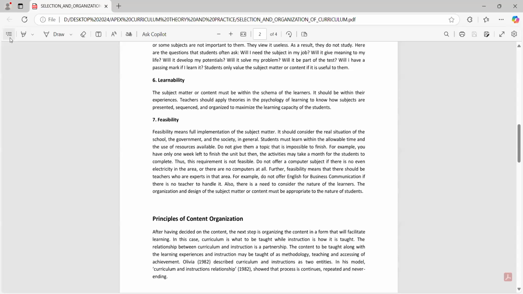Now, for example, I will give a very good example. During the Mahinda Rajapaksa period, the English language curriculum was revised and they introduced some spoken English that is taken from India.